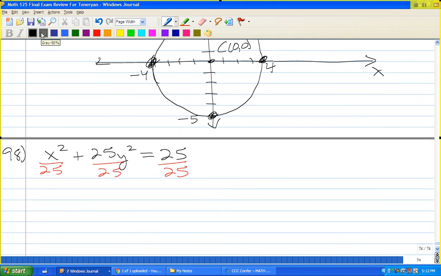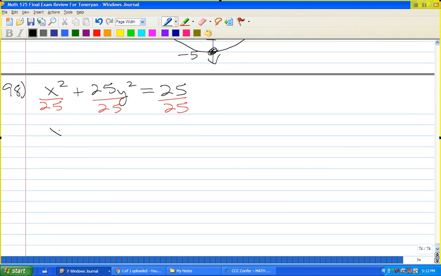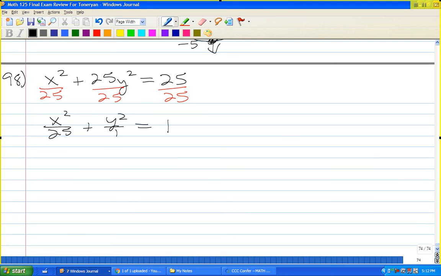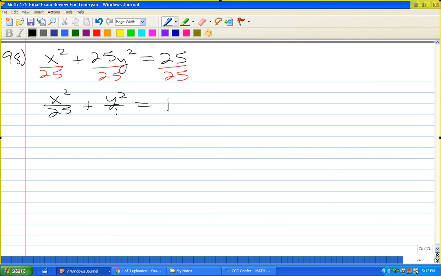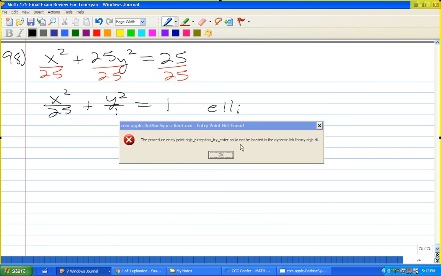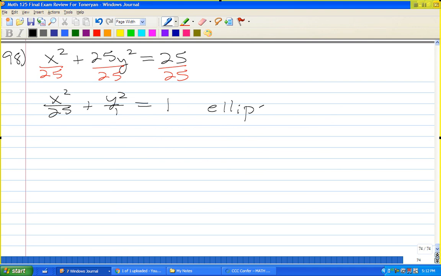So I get x squared over 25 plus y squared over 1 equals 1. So in this case, it's an ellipse. The center is at the origin. A is 5. B is 1.